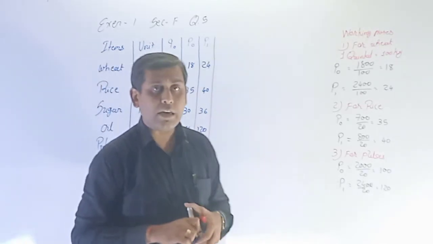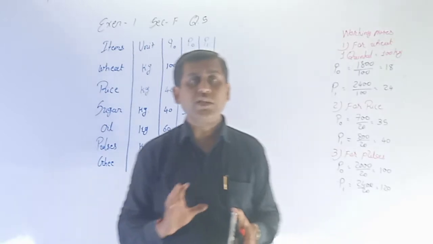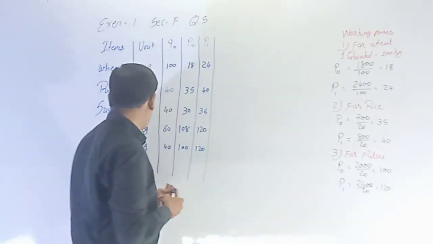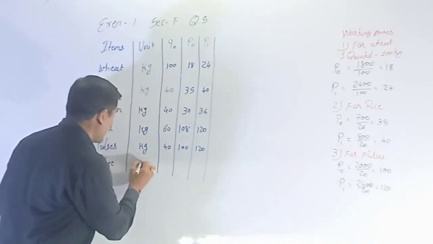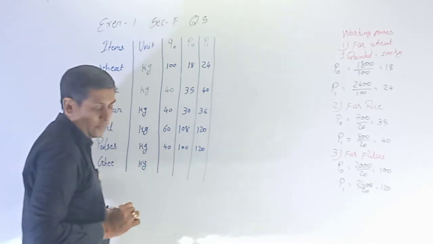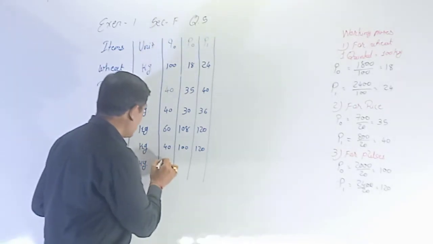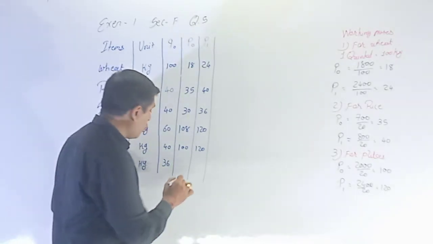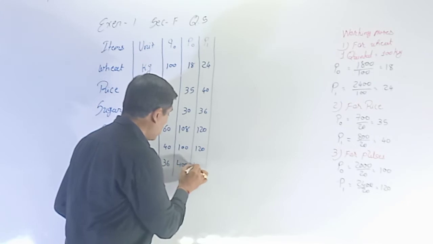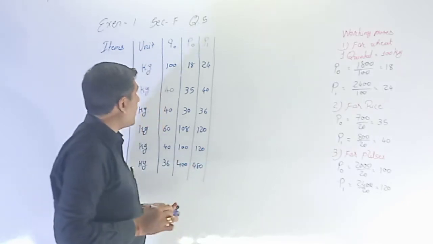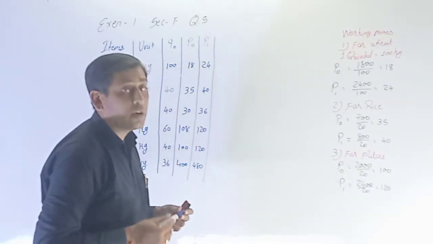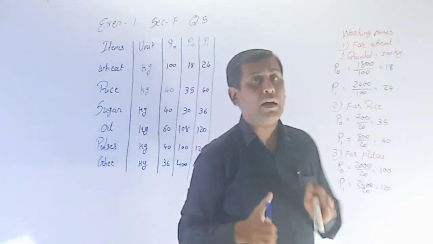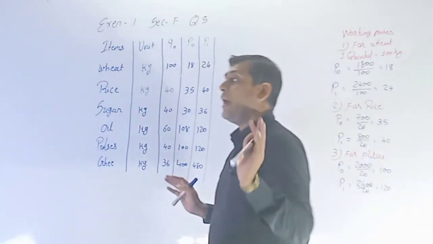In ghee again kg is given, that's why there is no change in ghee also. We just write kg in the unit column, then 36 kg for the quantity, 400 and 480 as the price of the base year and current year. Here I am converting the data into regular form.